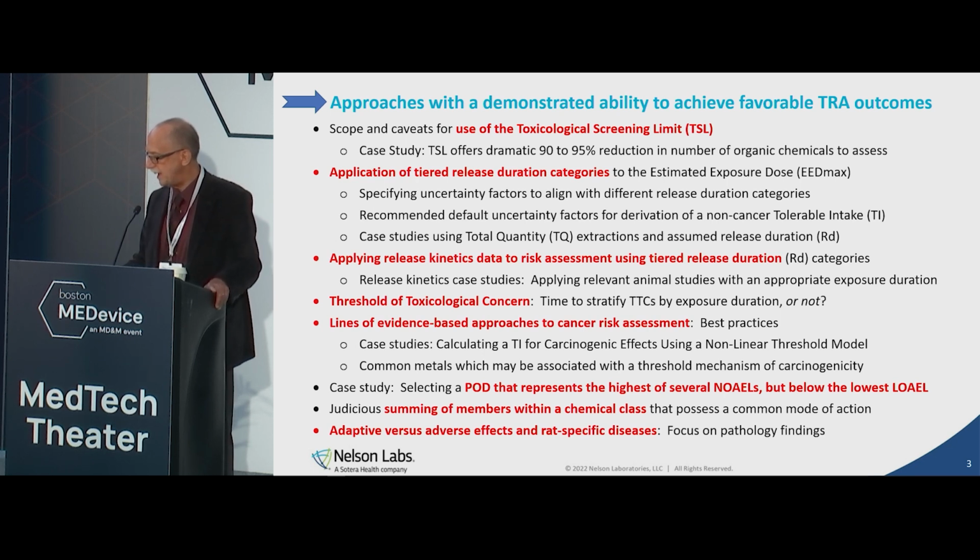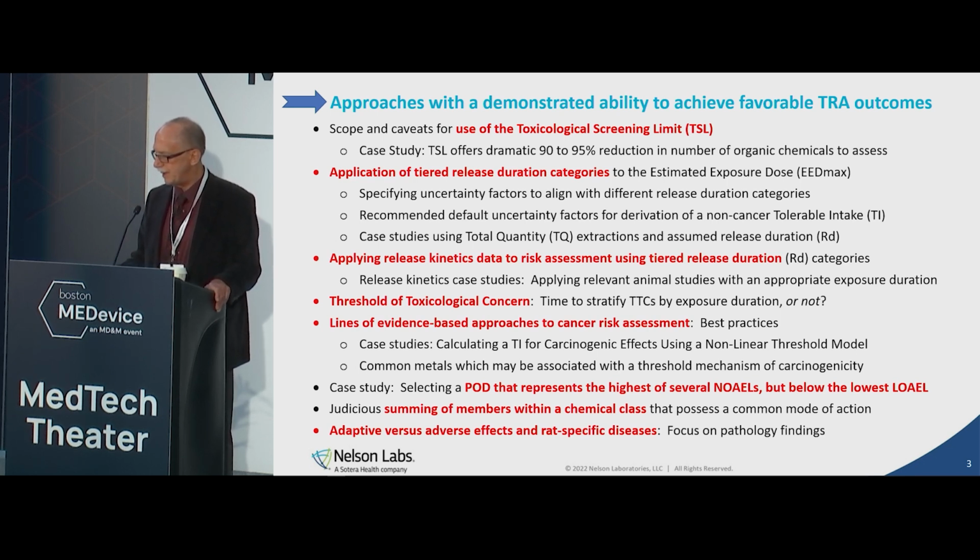I have a case study that, because the standard requires looking at not just one data point of one tox study, but the available breadth of the literature for a chemical, you have to look at a variety of no effect levels from different studies and how to select the best one.